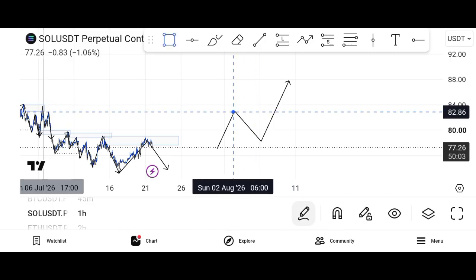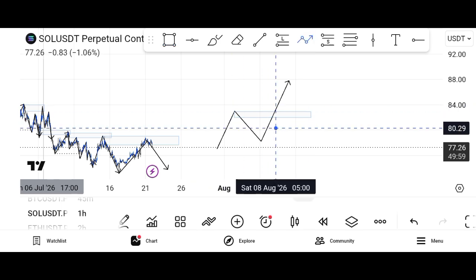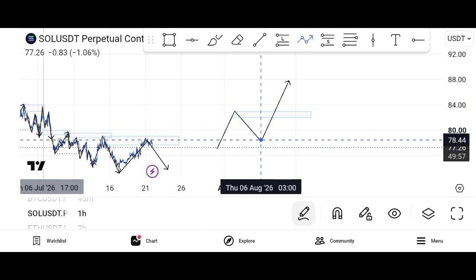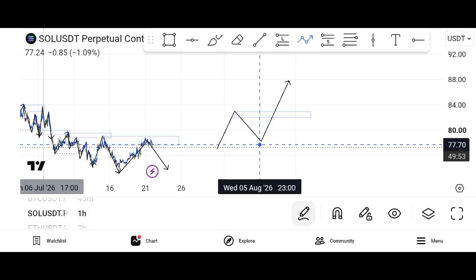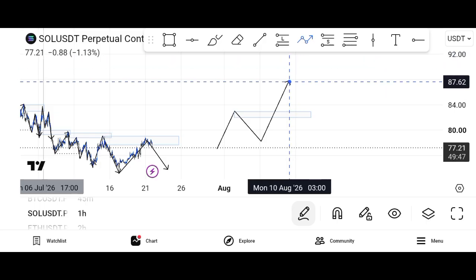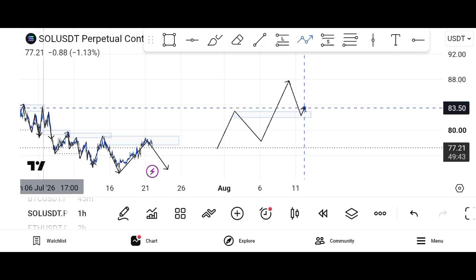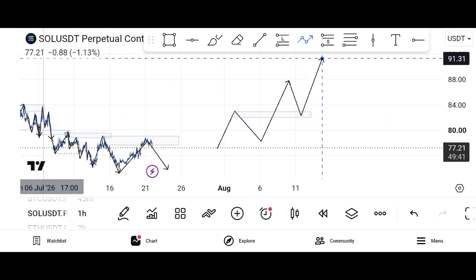So from this point here, if we have a very good amount of displacement, displacement means the market leaving a good amount of inefficiency. So if we have a good amount of inefficiency at this point, boom, the market is likely coming back to react from this point of interest and continue going back up.